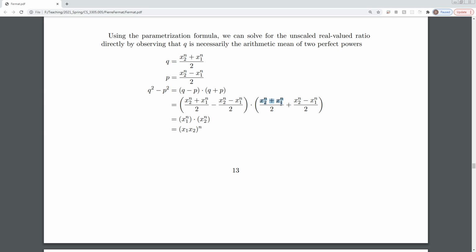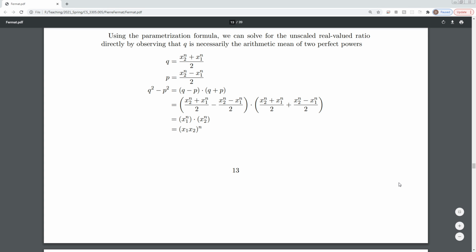And over here we get the opposite, where the x1 minus x1 cancels out, and we get 2 x2 to the n over 2, which becomes x2 to the n. And so we are able to just construct a point which is a perfect power in this form. So we can construct as many of these points as we want.